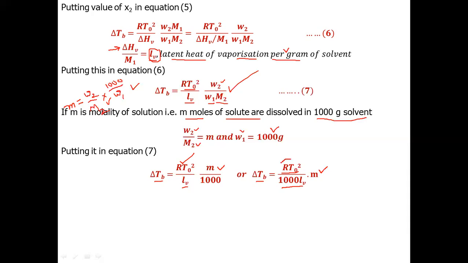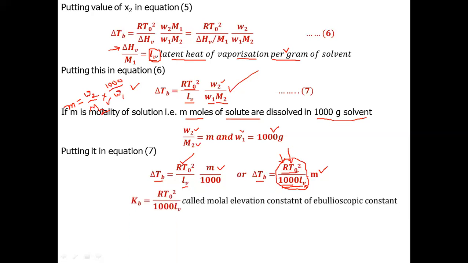Now let us concentrate on this term. m is molality, R is the gas constant. For a particular solvent, T naught is also constant. 1000 is a number. LV is also a property of the solvent, so for a particular solvent, LV is also constant. So as all these terms are constant, this whole term will be a new constant.